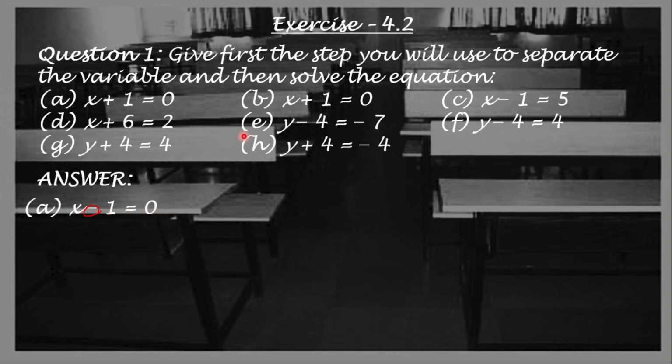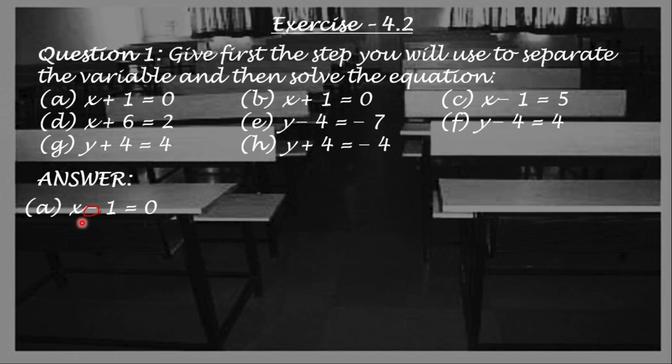To solve the equation, I already told you in the first video of this chapter: whatever the numbers we have, we take either the variable on this side or the constant, any one thing. We always keep the variable on the left hand side and the constant number on the right hand side.